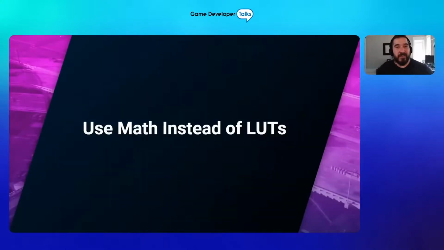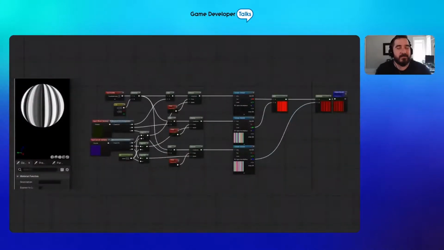So the flip side of that myth is that it's better to use math for certain operations than to use lookup tables. Texture fetches are expensive, so just let the GPU rip through the math, since GPUs are so good with math, right? I get to show a real world example of this too. Remember that panning operation from before?